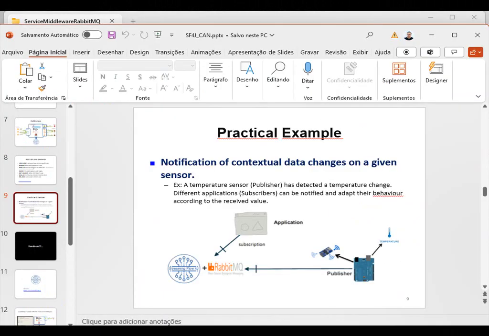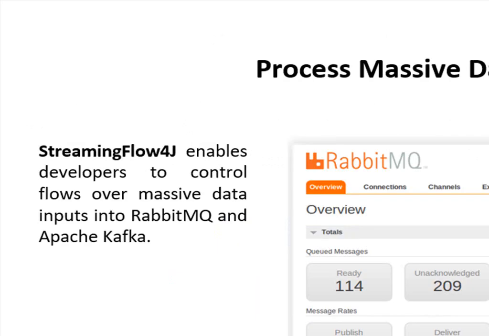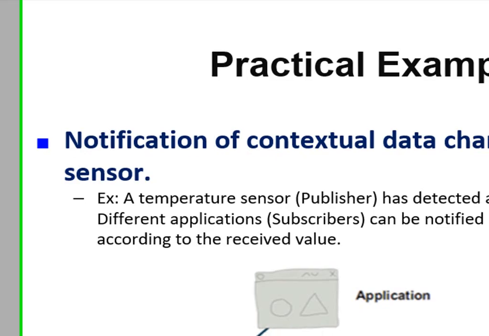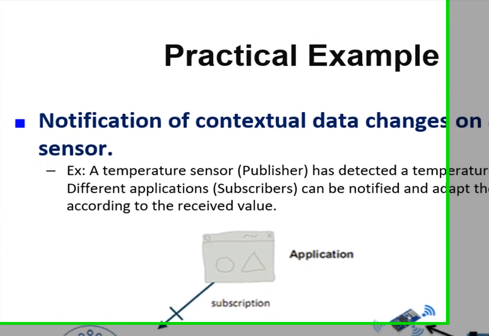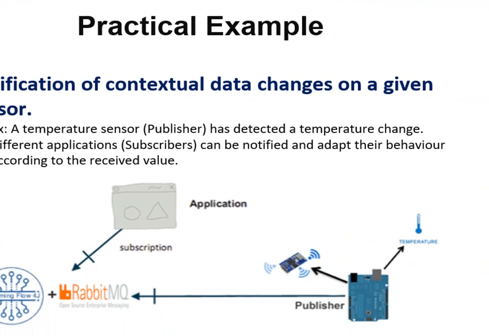In our practice, as I talked about in the previous presentation, this practical example is a notification of a context change of a given sensor. In this sense, we are preparing an Arduino, for example, as I showed and said in the last module of the presentation, that it's easy to make IoT mockups.